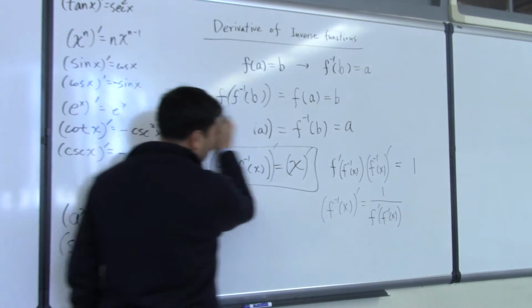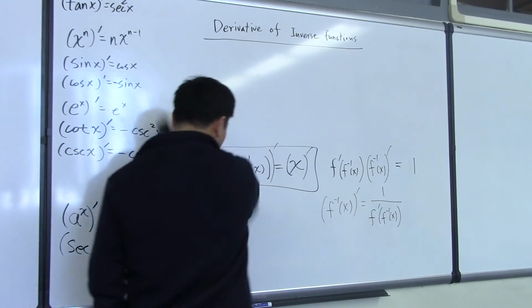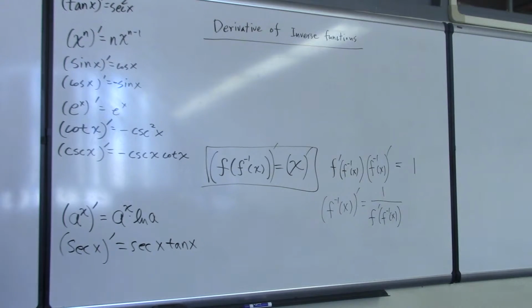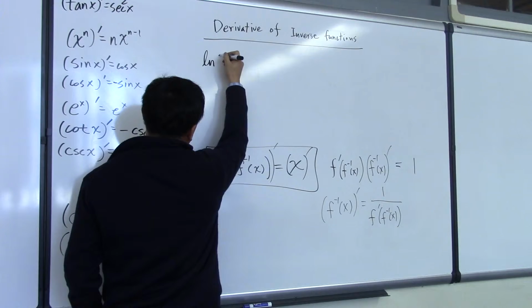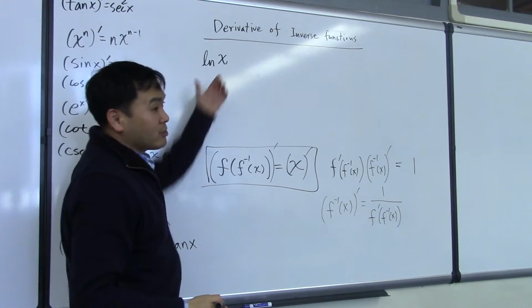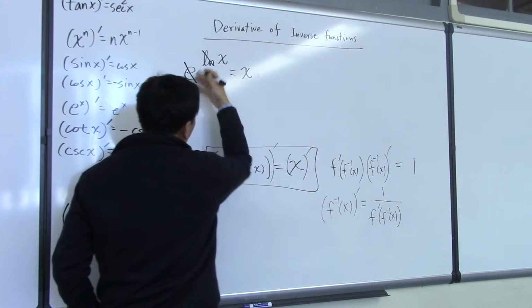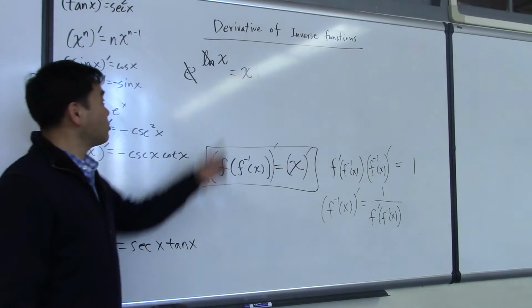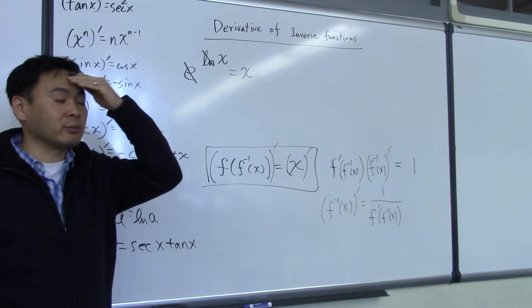Now let's try to use that formula for some specific example. The first thing I want to use is we did ln of x, and I said e and ln cancel, right? Why is this true? When do two functions cancel? If they are inverses of each other. So what is the logarithm?